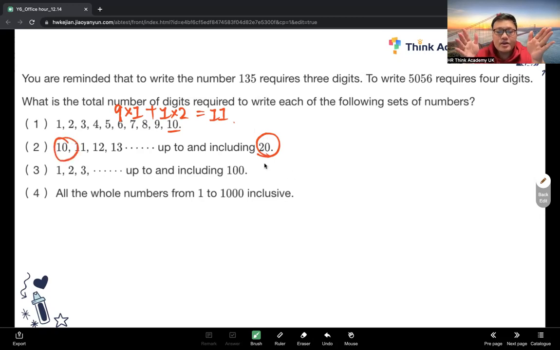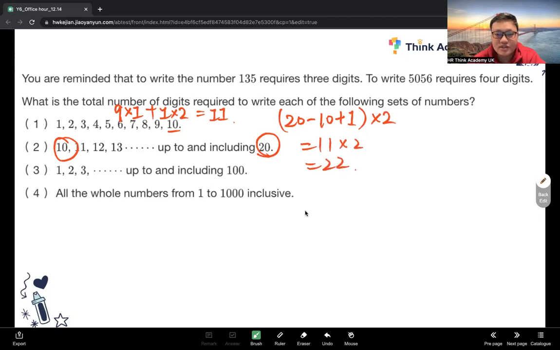It's just like when you try to find how many terms there are in an arithmetic sequence, right? You need to add the first one back. So it will be 20 minus 10, and you have to plus that one. It's really important. Don't forget that. So you have 11 numbers in total, and each one needs 2 digits. So in total, that will be 11 times 2, which is 22 digits. All right.